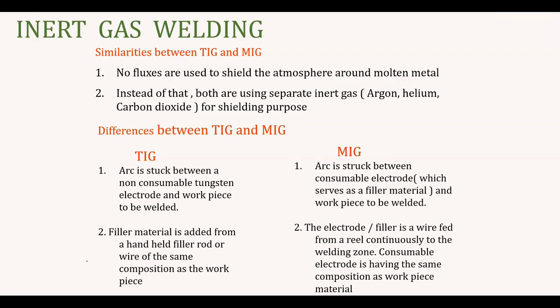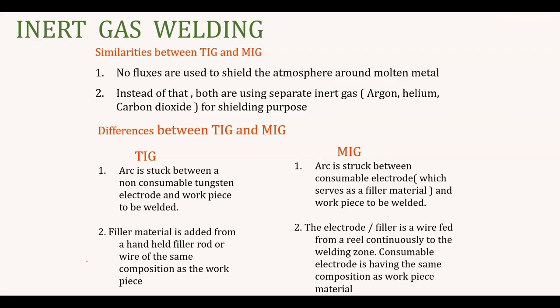But there are specific differences between the TIG process and the MIG process. In the TIG process, the arc is struck between a non-consumable tungsten electrode and the workpiece to be welded. Whereas in the MIG process, we use a consumable electrode, so the arc is struck between the consumable electrode and the workpiece to be welded.